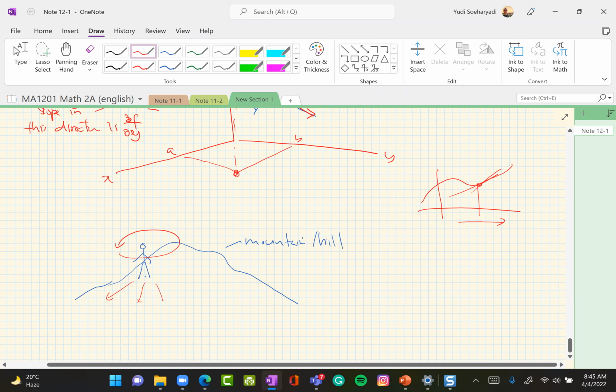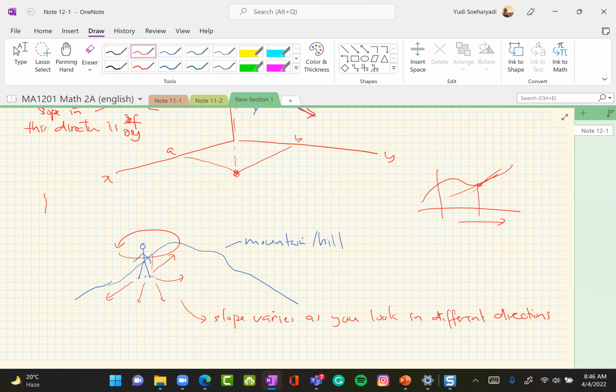Here you're going down. Here you're going down. Here, well, maybe not, because here it seems you don't go down or go up. But here, go up. Okay, it seems that the slope varies as you look in different directions.